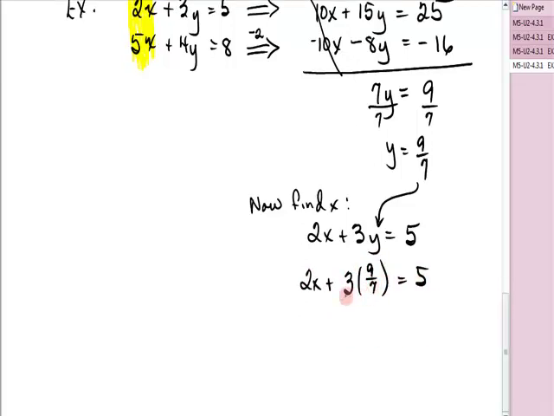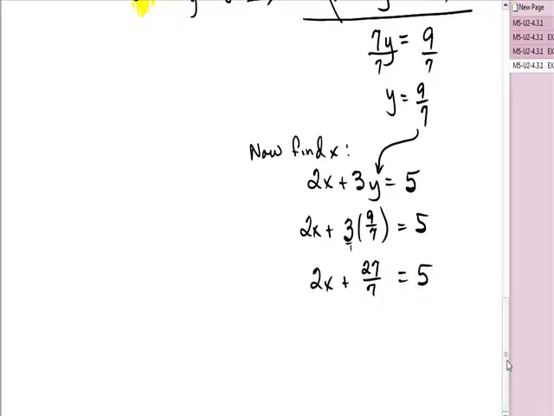Okay, not real pleasant. Put the 3 over 1. So I have 2x plus 27/7 is equal to 5. If you did not want to deal with fractions, you could multiply every one of these terms by 7. That would give me 14x plus, the 7's cancel, 27 is equal to 35.